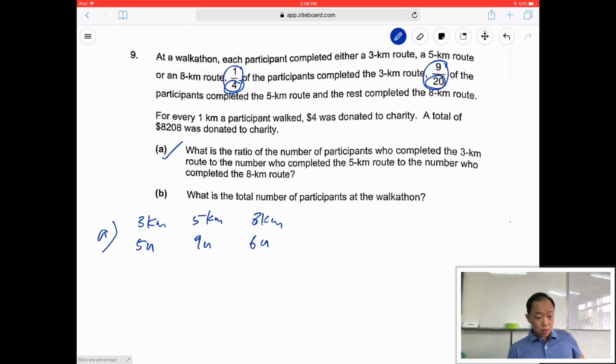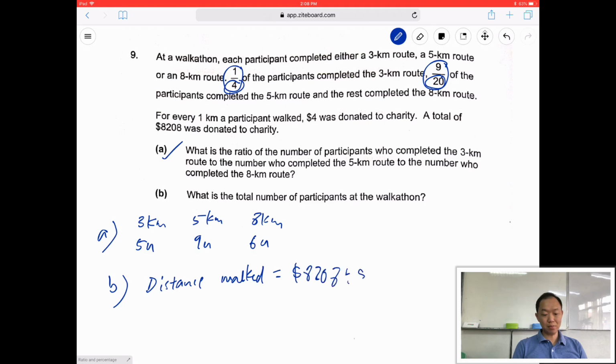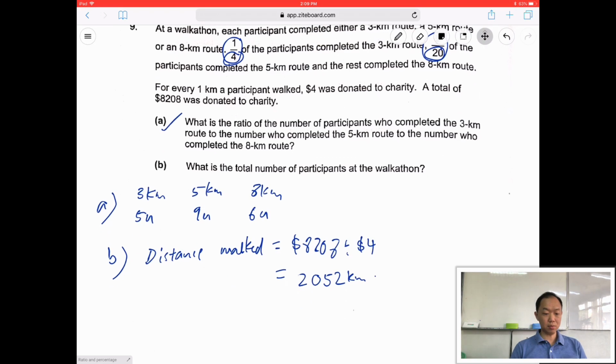For every 1 kilometer a participant walked, $4 was donated, so a total of $8,208 was donated to charity. First I want to find the total distance walked. $8,208 divided by $4 is 2,052 kilometers walked.